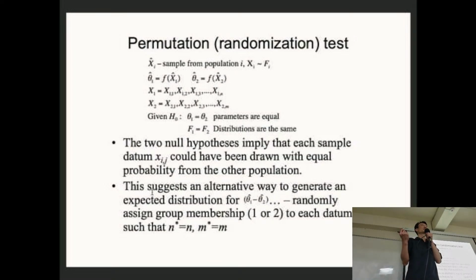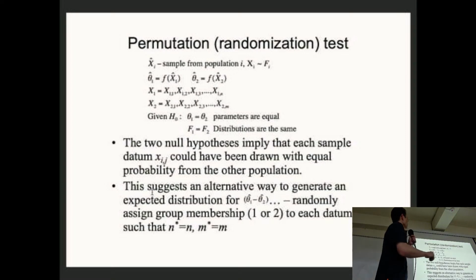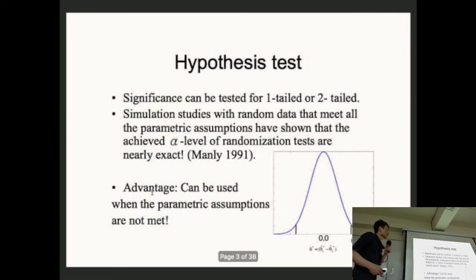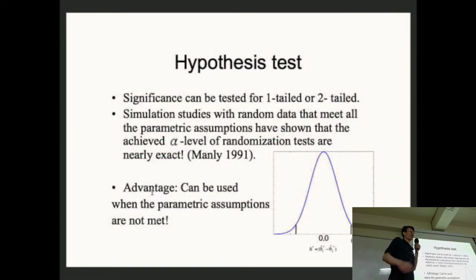And if you do the randomization, randomly shuffle all the data and generate theta 1 hat, theta 2 hat again, then the difference is still 0. Ideally, but not exactly. So the computation and the hypothesis test become extremely simple.